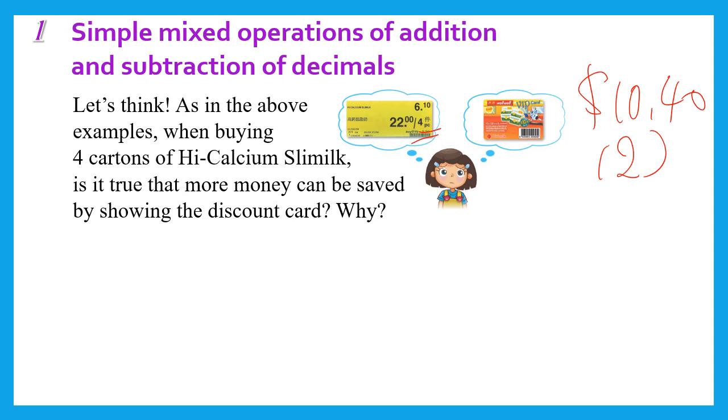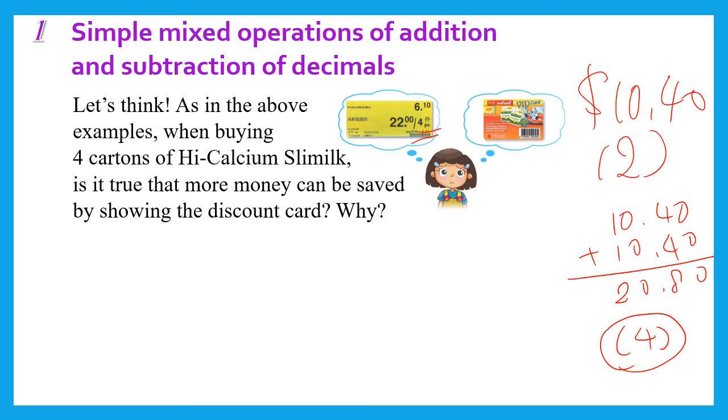Which means that's 10.4 for 2, and then we need 4, so you have to add 10.40 together. All right, it's $20.8. $20.8 is for 4 milk.